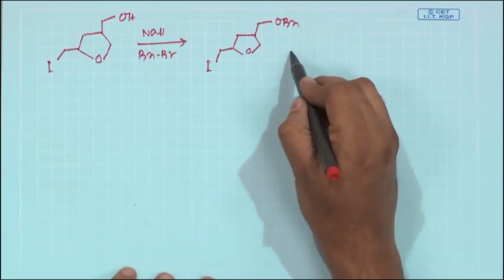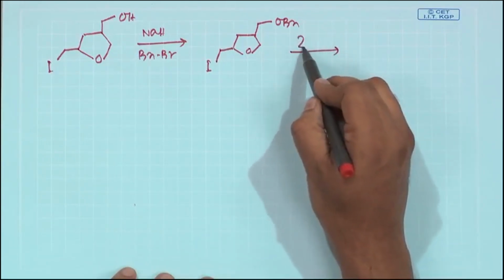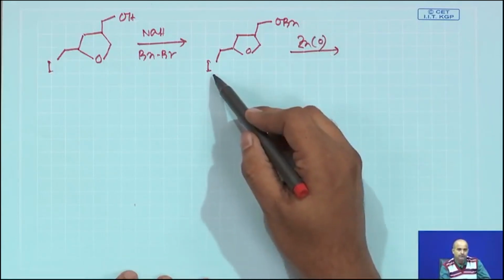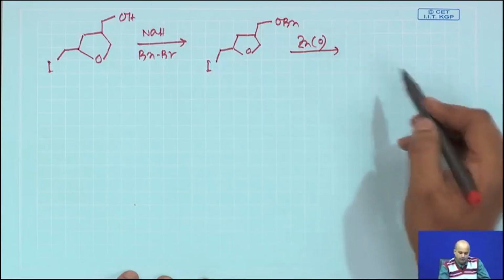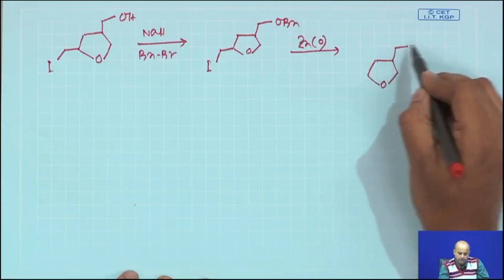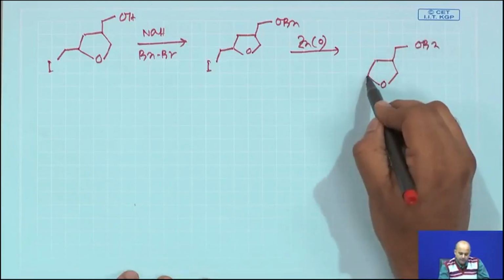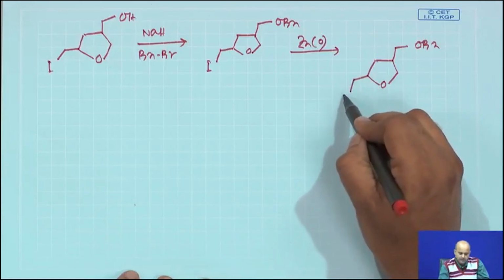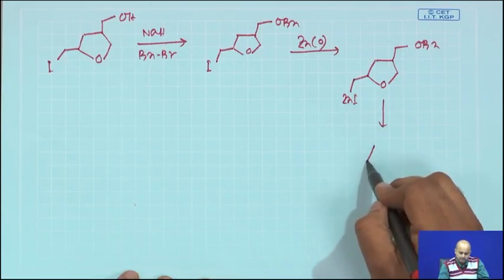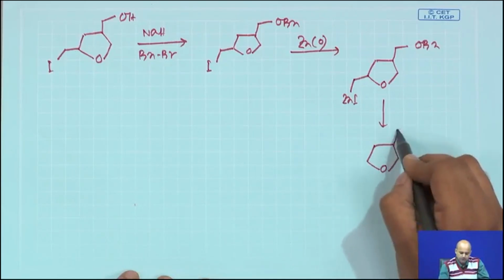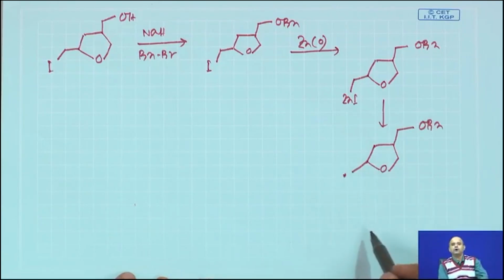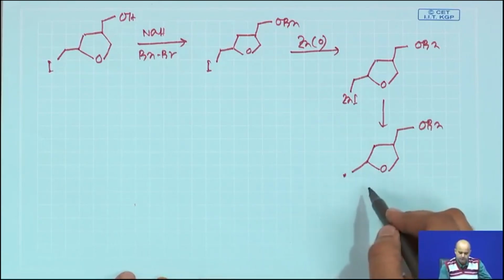Now, what I am saying, if this compound is an iodo compound, if you treat with simple metallic zinc, now metallic zinc has a strong affinity to this iodine, and deiodination will take place. Once this deiodination takes place, it can initially give you a zinc iodo species, and then it will give you some kind of radical or electron deficient species, CH2 basically.